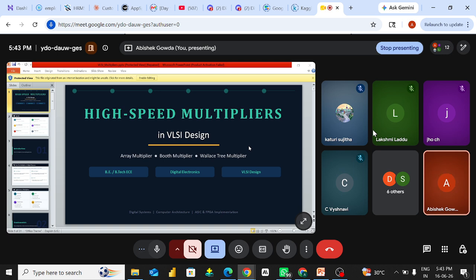Just remember these three multiplier architectures.